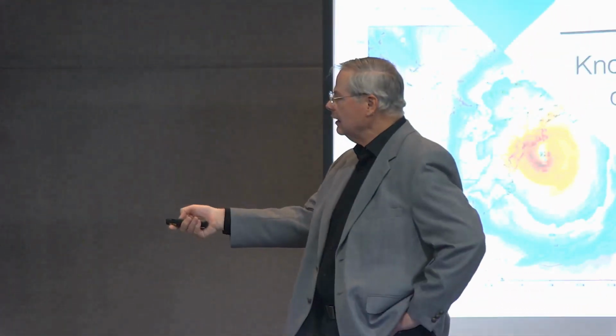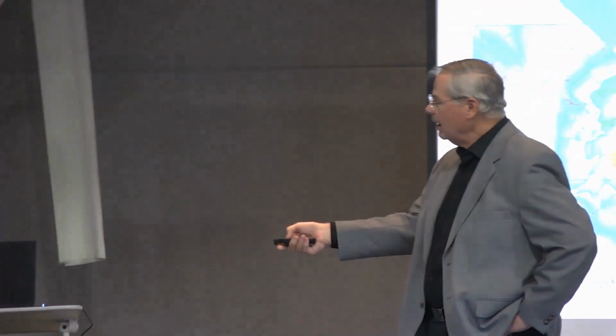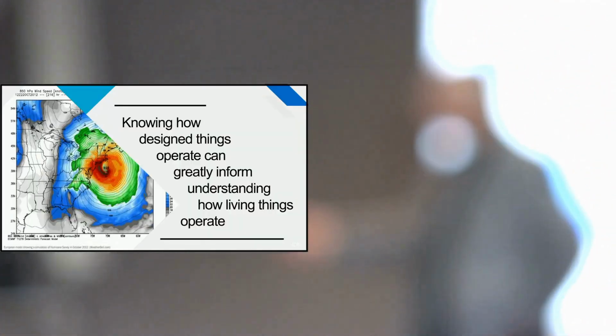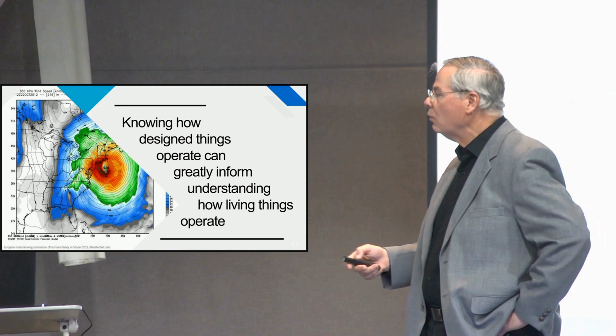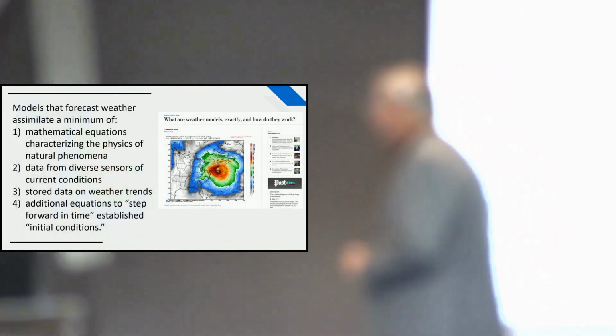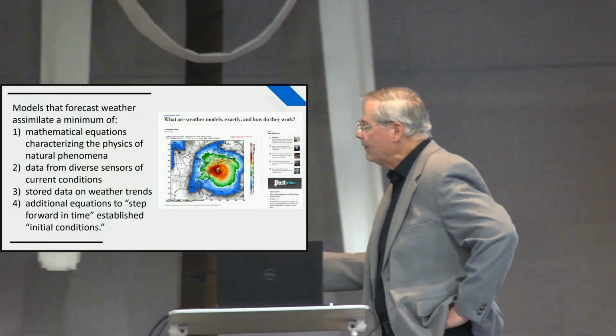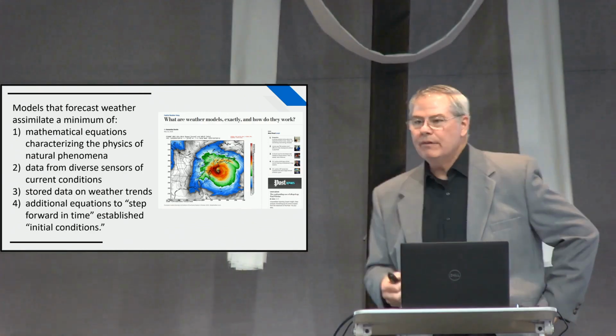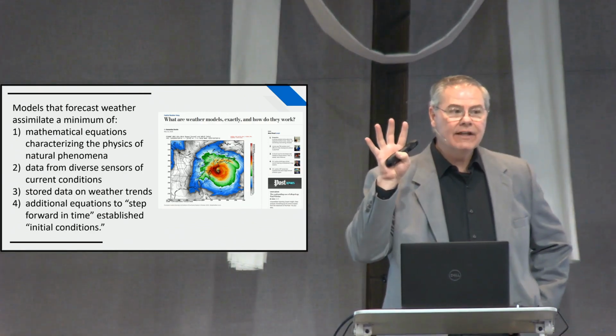Well, if we know how man-made things work, maybe it'll give us a clue about the biology. Well, here's one. Humans have put together systems to model the weather. Well, if we were to look at one of these weather models, we would find 4 things in a weather model.